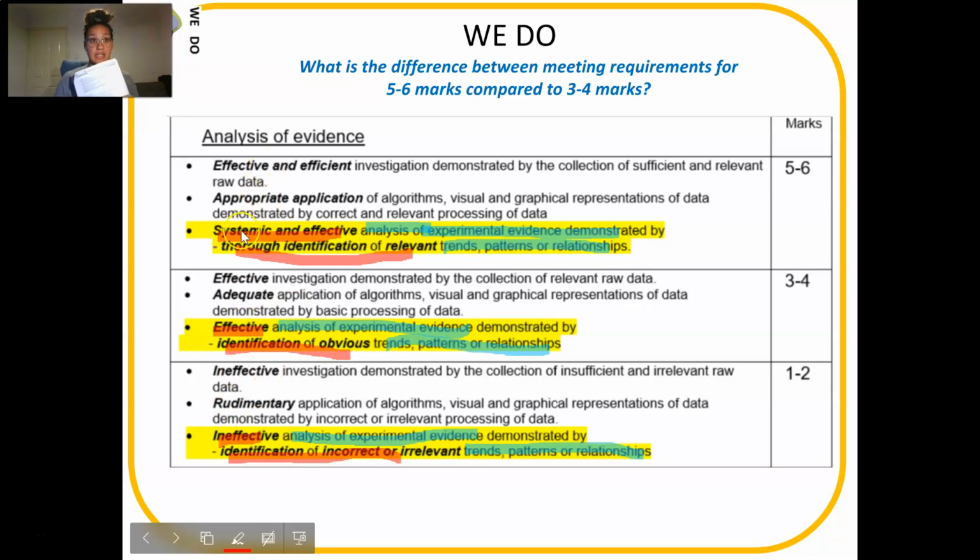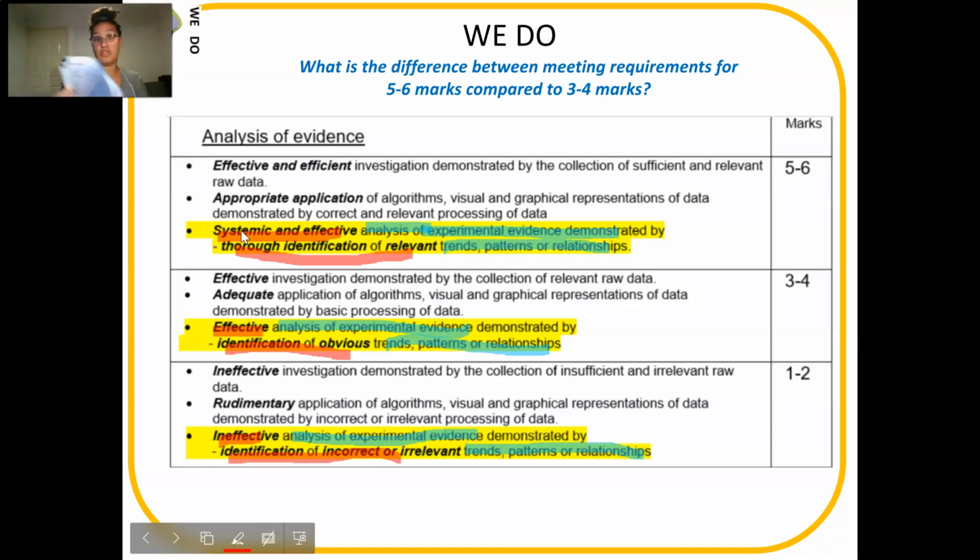So systematic means that it's done logically and everything is done thoroughly, in a stepwise way. If we're unsure, let's refer to the dictionary. Systematic: done or acting according to a fixed plan or system; methodical, organized, logical. So setting it up in a logical way.